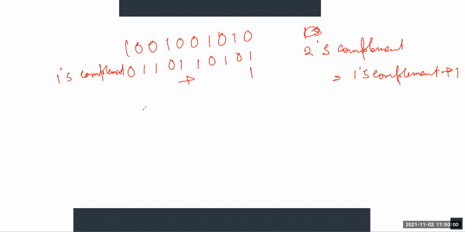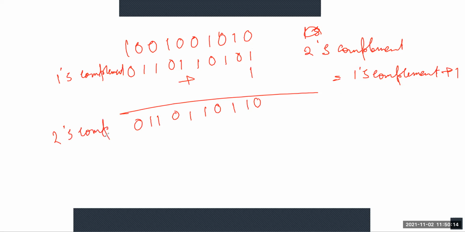So here 1 plus 1 is 0, carry 1, and so on. This is the second complement. Is it clear? In this way, first complement and second complement you will get. Okay? Is it clear or not?